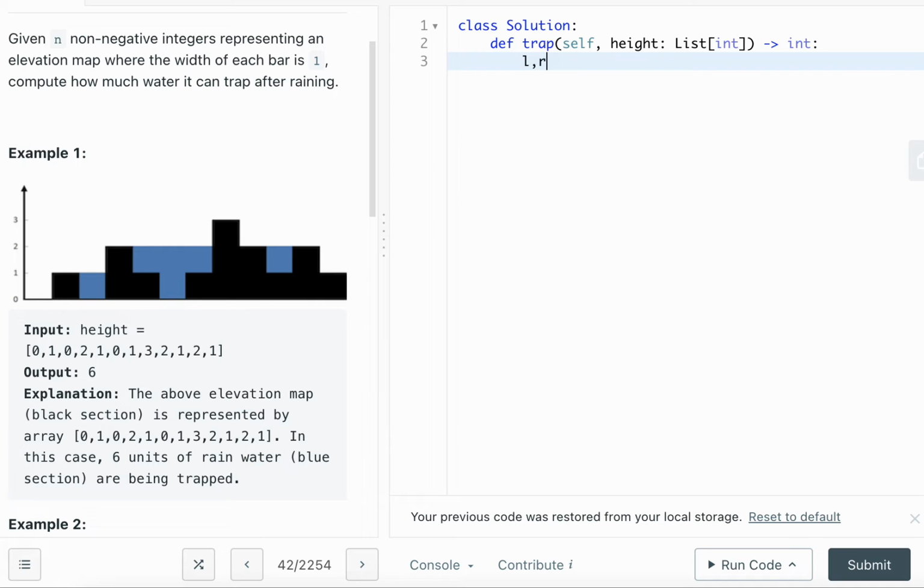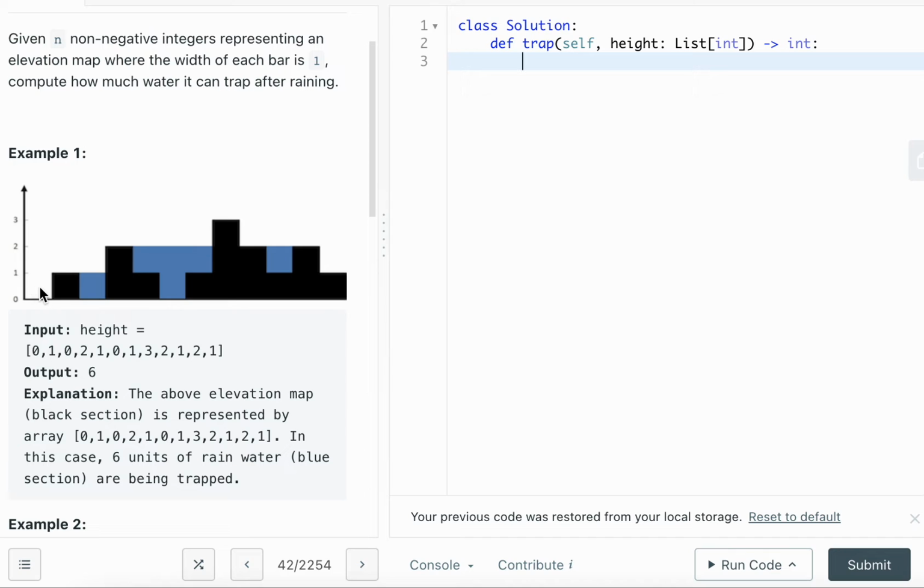I'm going to use the two pointer technique. I forgot to mention that before. I start with two pointers, one pointer on the left side and the other pointer on the right side. I'm going to keep shrinking the window and go through the entire array once to find the max area.